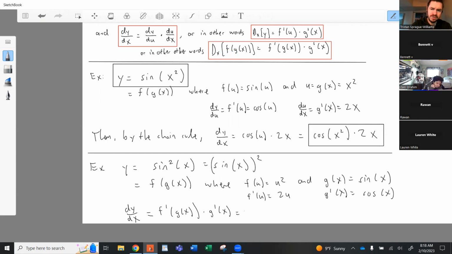And I get 2u times cosine of x. But then I make sure to put my u equals g of x, my u equals sine of x, back in again. So 2 times sine x times cosine x.